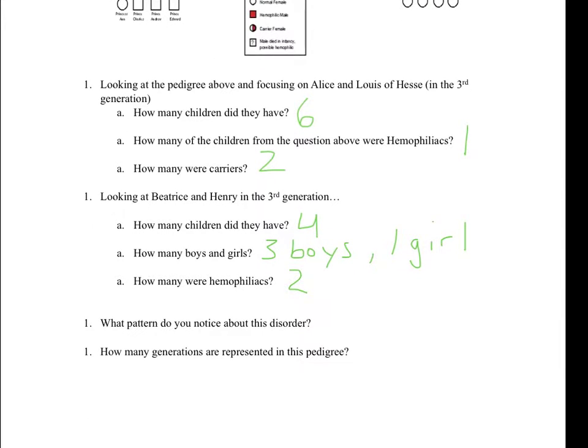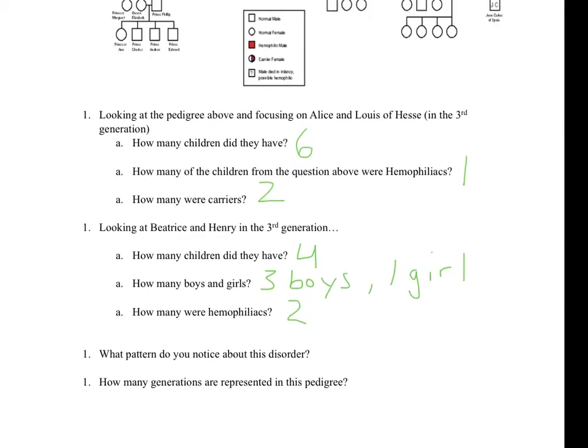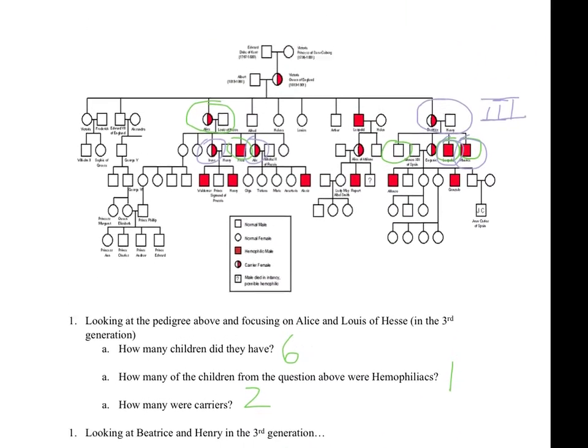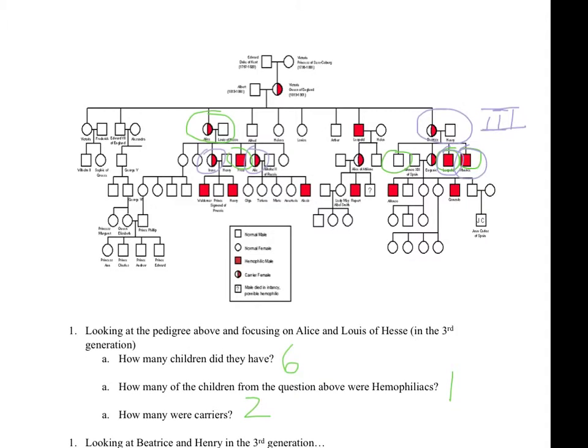And then the final question, how many generations are represented in this pedigree? I'll go back to the pedigree and draw that. I already pointed out up here that this was the 3rd generation. This is the 1st. This is the 2nd, writing Roman numerals here. 3rd, and then this is 4th, 5th, 6th.